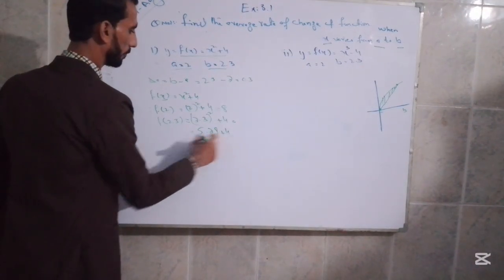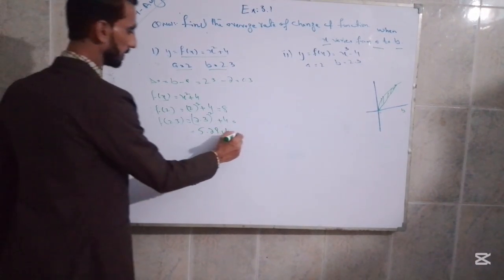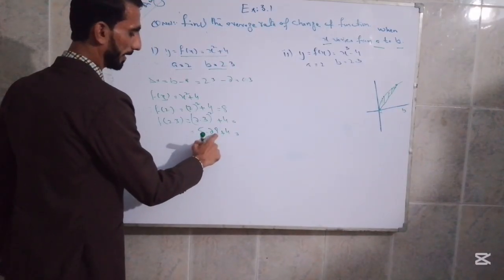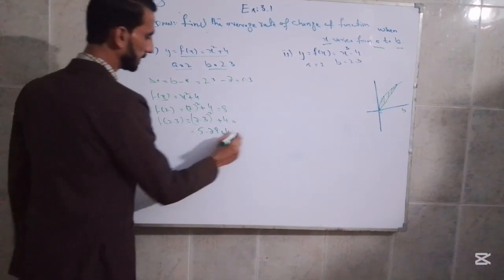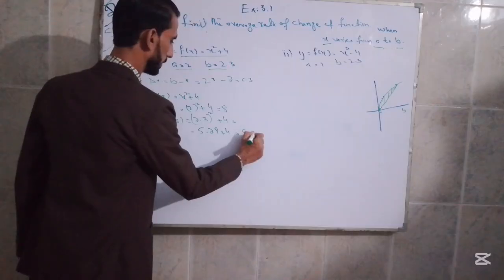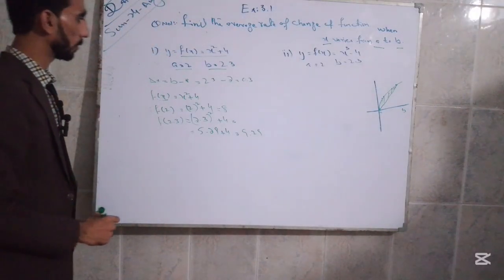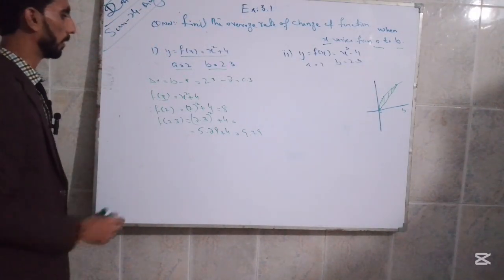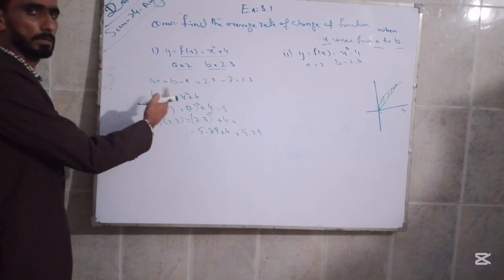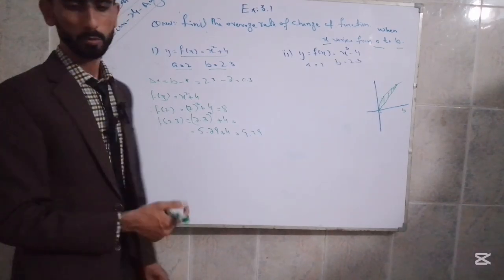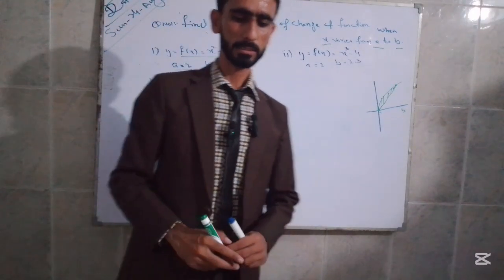And plus 4, what is the value of this? 5.29 plus 4 is 9.29. Okay, this is the value of f of b.